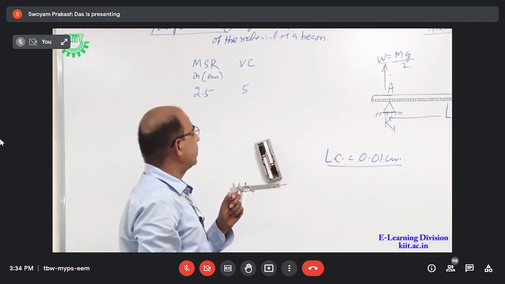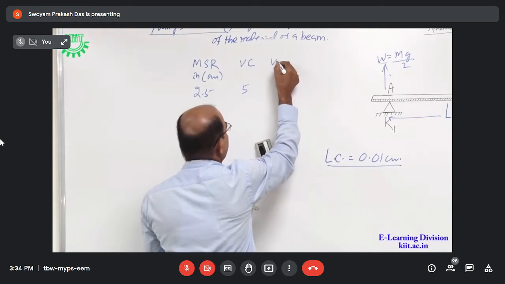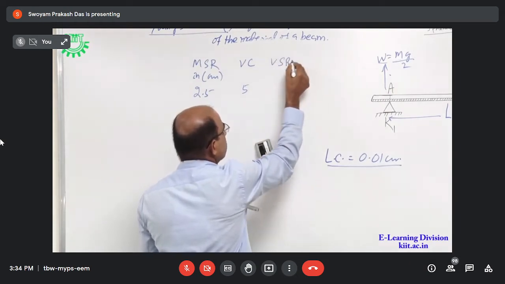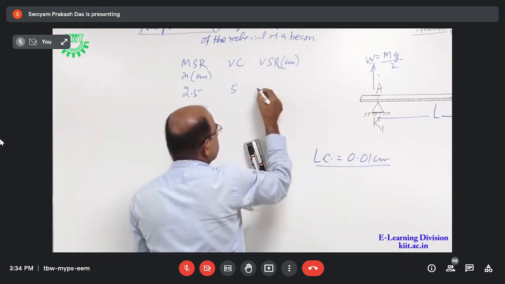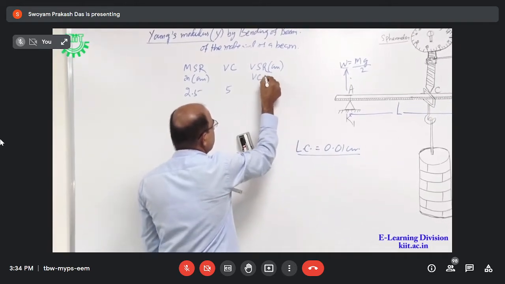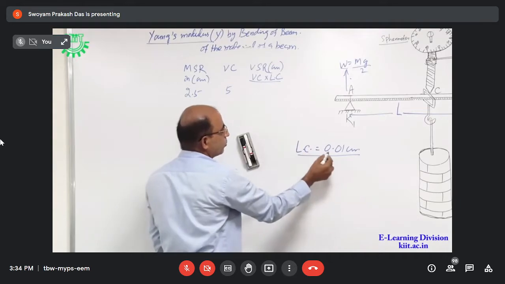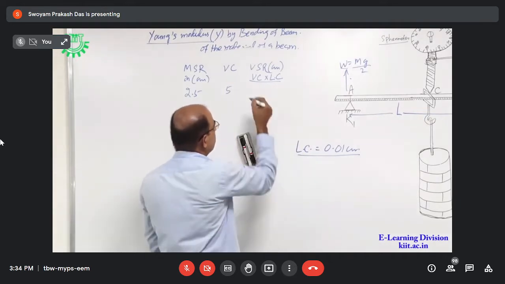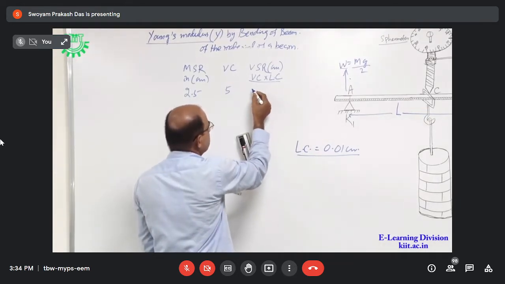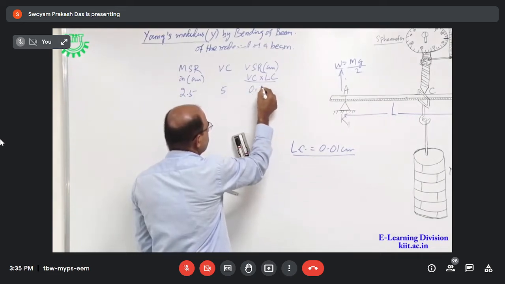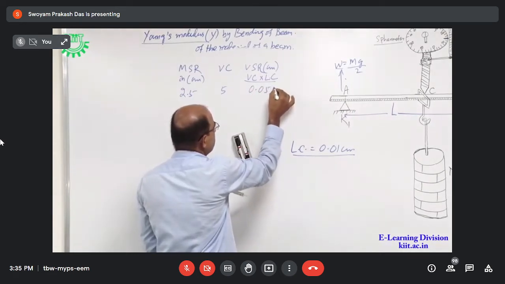The 5th line is coinciding. Then next comes VSR, that is vernier scale reading in centimeter, which is VC into LC. LC means least count, which is 0.01 centimeter. So when it is multiplied with VC, it gives us 0.05 centimeter.